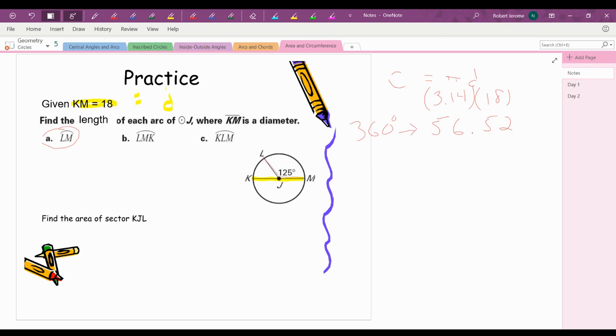We have a central angle. Central angle equals the arc. So the arc we care about is 125. We have to be careful if it's a central angle or inscribed or anything else. So we have 125 degrees of the circle, and that equals what amount of the circumference?